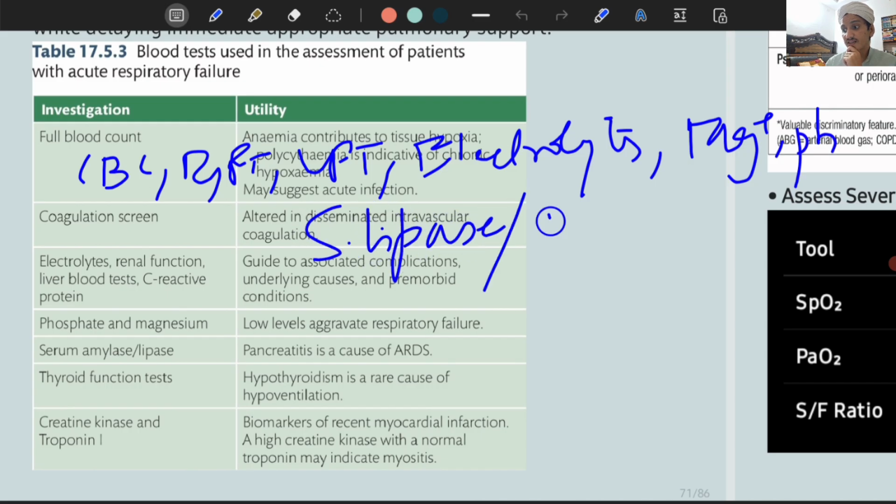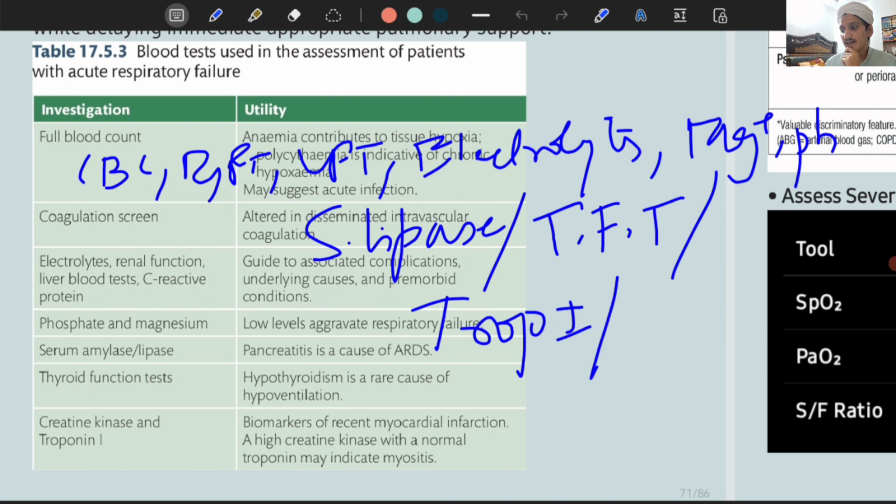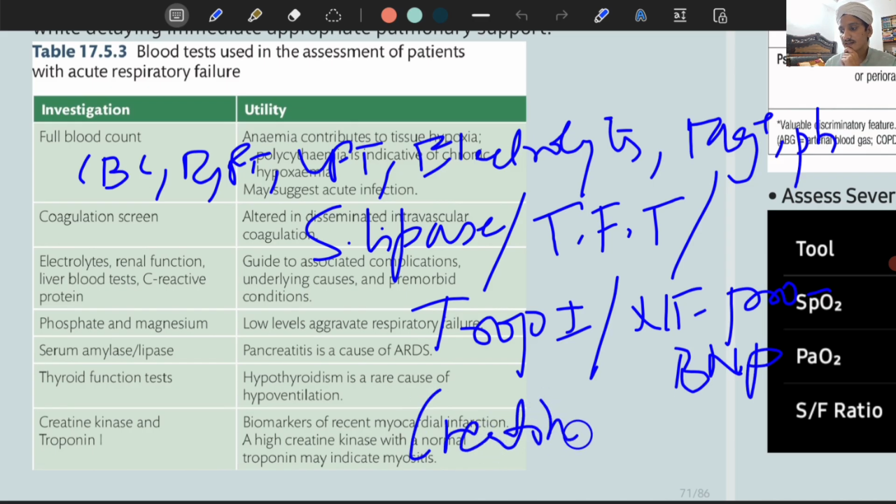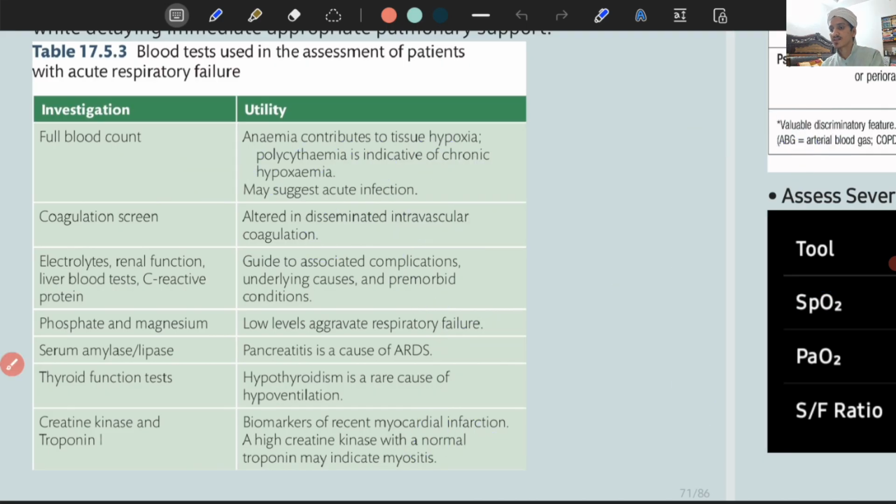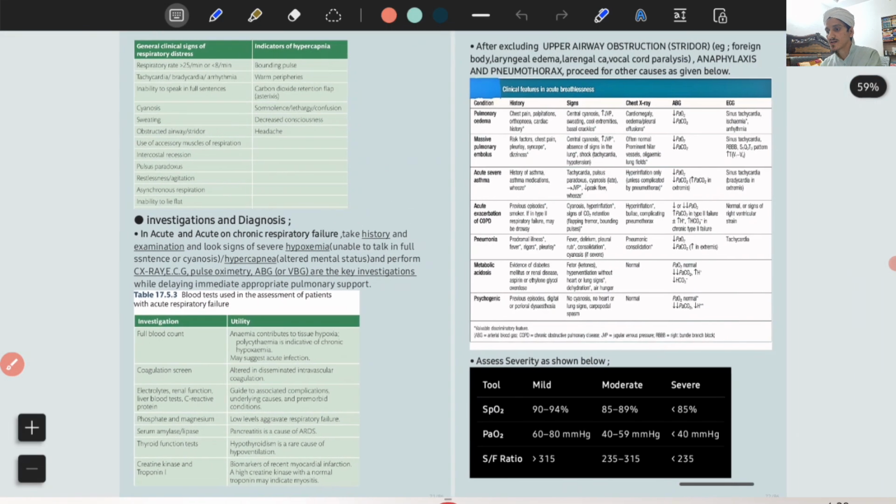And TFT, thyroid function tests. You shouldn't forget cardiac causes in respiratory failure, as pulmonary edema is a very important cause. So you will do troponin and NT-proBNP, and if you are suspecting myositis, you can send creatine kinase. So these are the investigations you send.